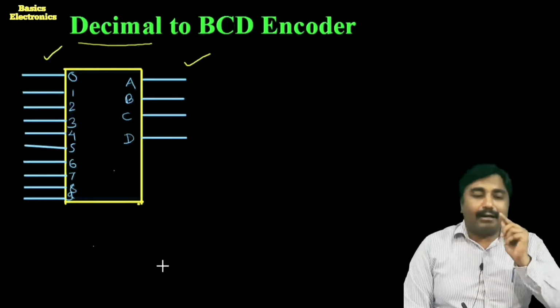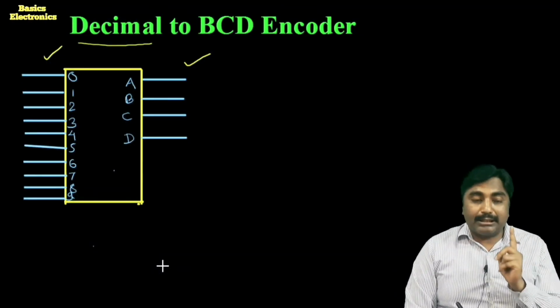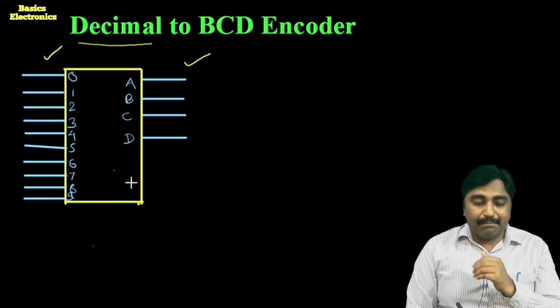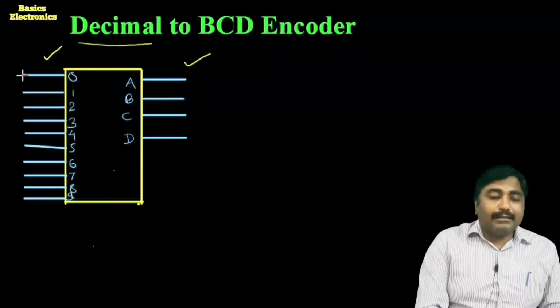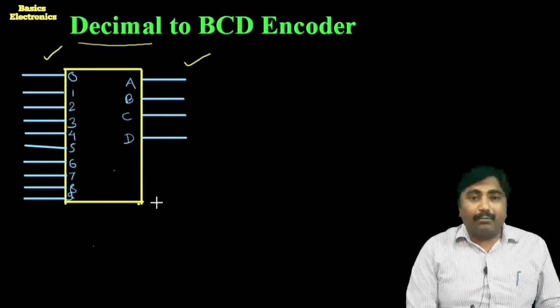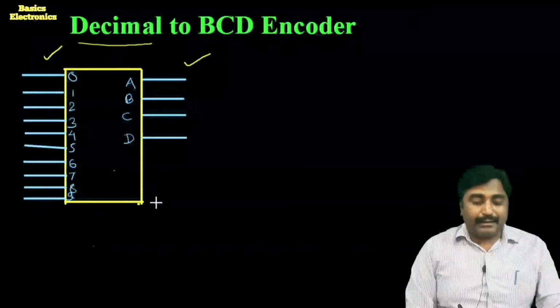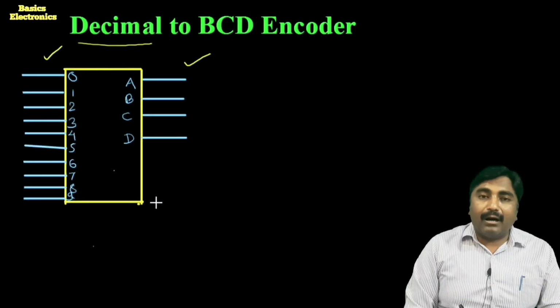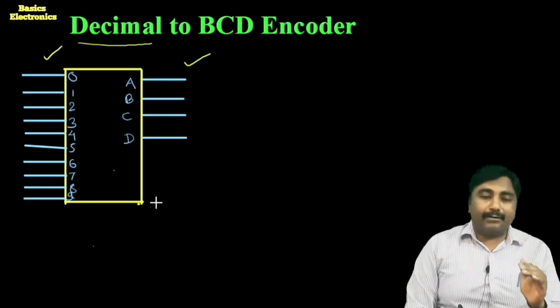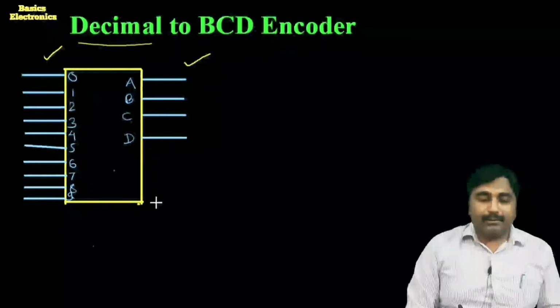But the question again is how we can apply the input. The input can be applied with the help of a switch to connect it to the ground level or to the positive high level.